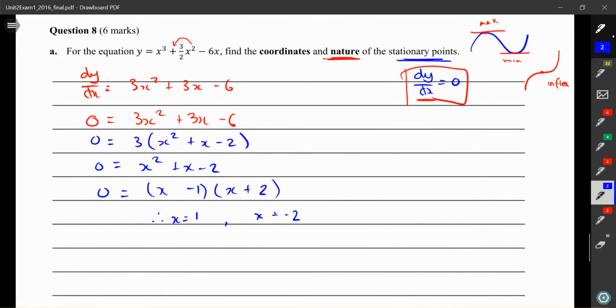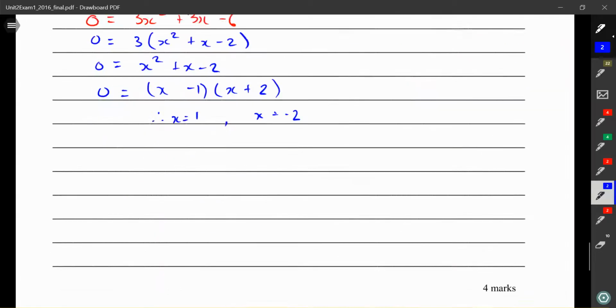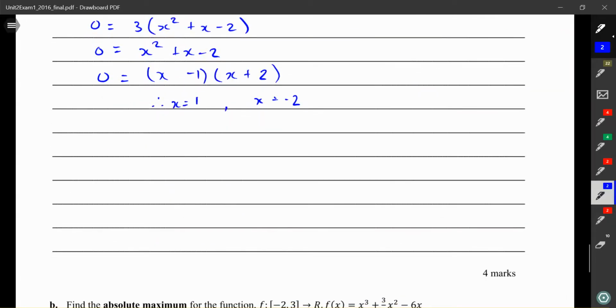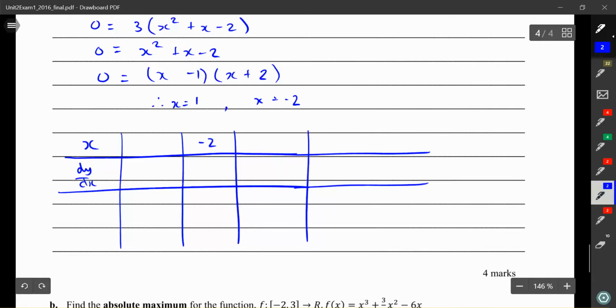Now, what I don't know is whether these 2 stationary points are a maximum, minimum, or inflection point. So the only way to know is to use your sign diagram. Remember the sign diagram: you've got x, and this is your gradients. You've got the point at negative 2. I like it in order, so I would probably do something like this.